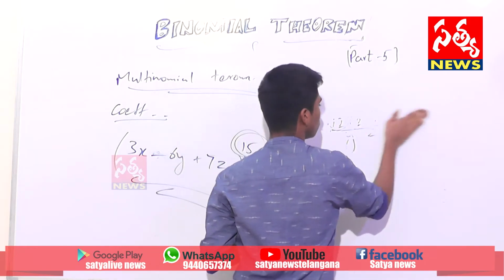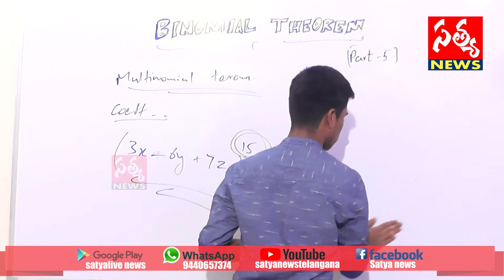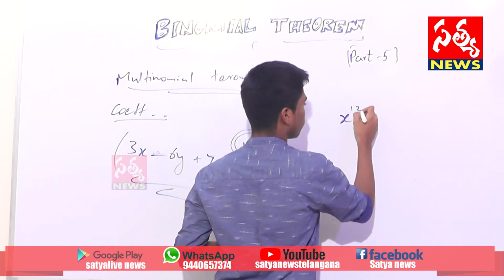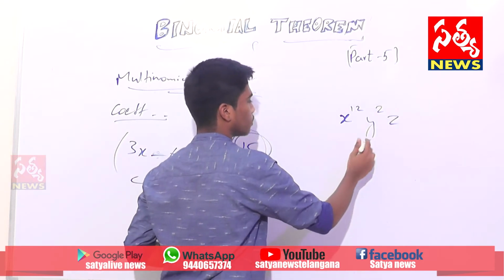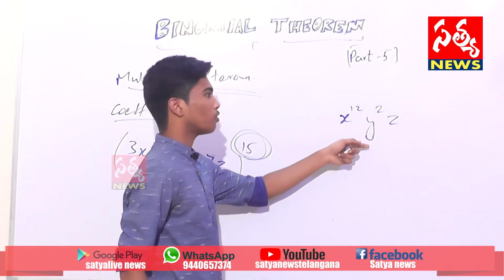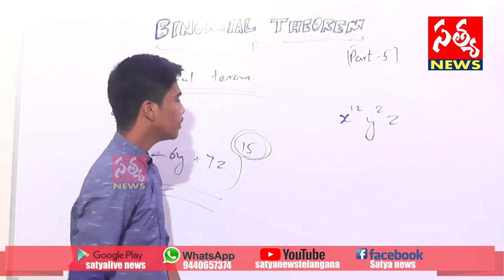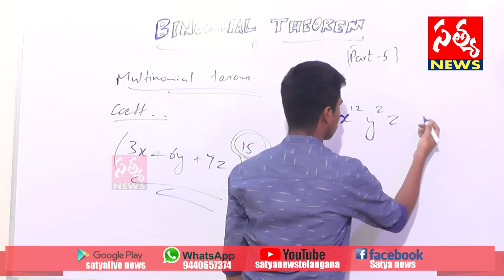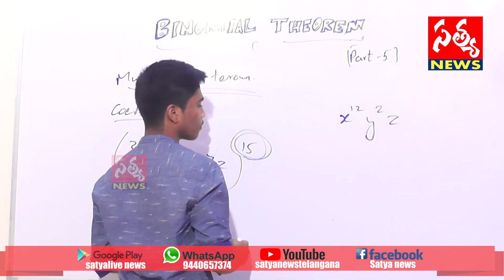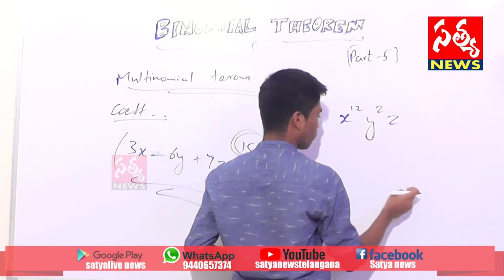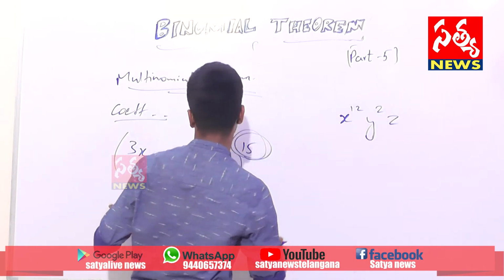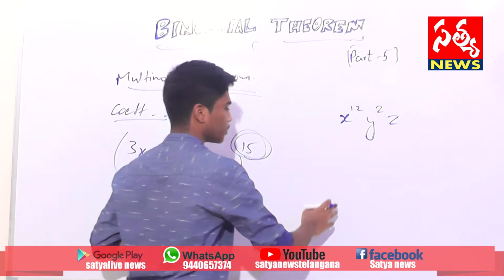Now, we have to find the coefficient of x power 12, y square, z. For this, remember a formula. For some time, forget the question.